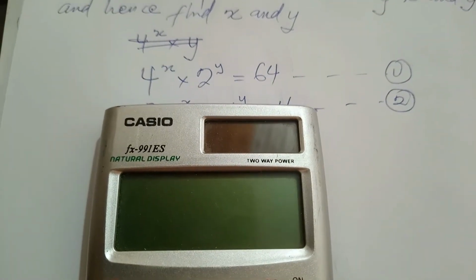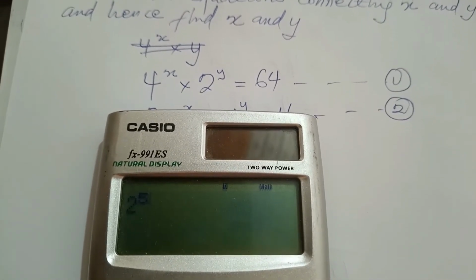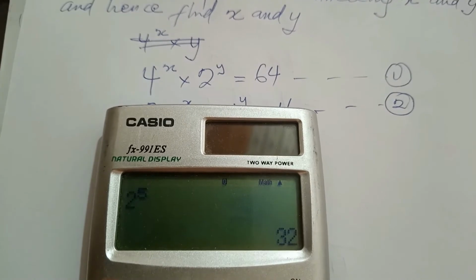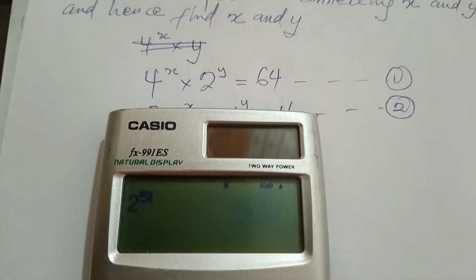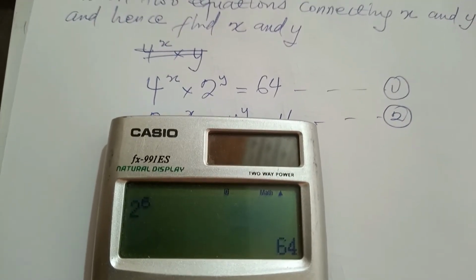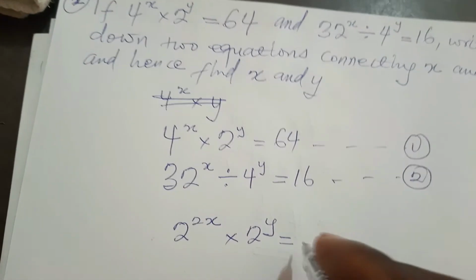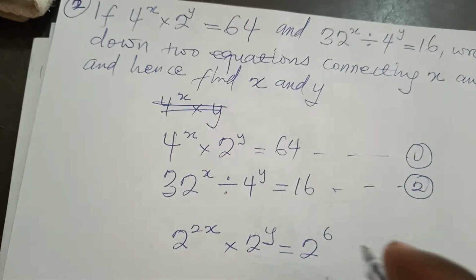I think it's 2 exponent 5. Let's just verify. 2 exponent 5, that's 32. So it's 2 exponent 6. 2 exponent 6 is 64. So we are going to use that for 64.